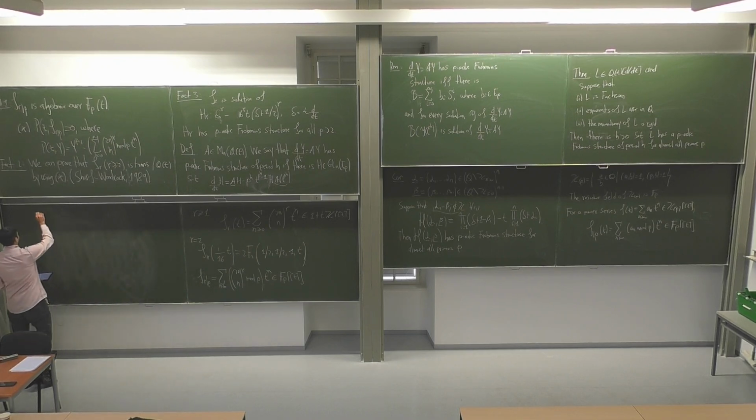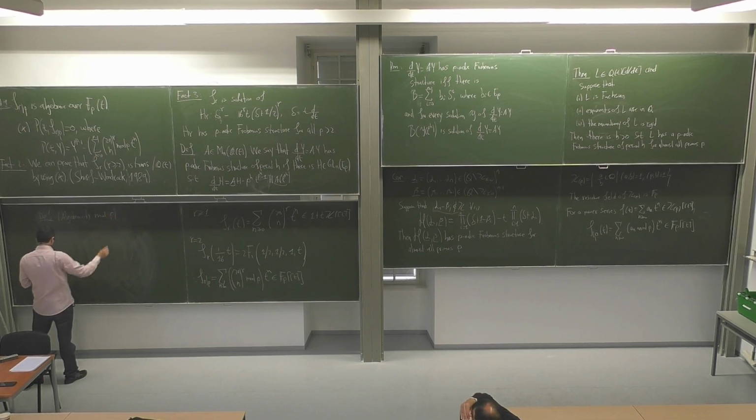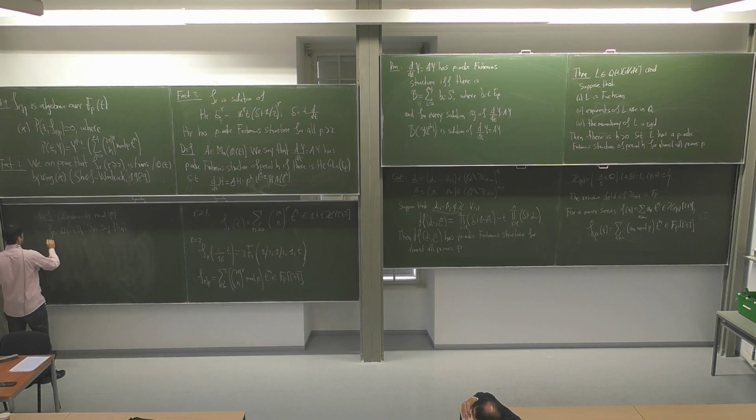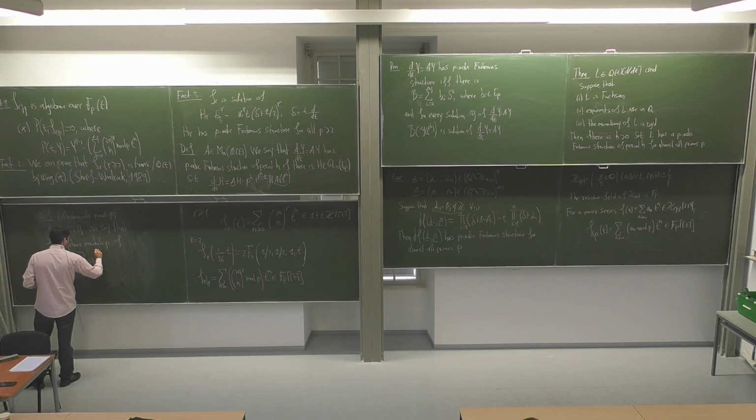So here is the definition of algebraicity modulo P. We take a power series with coefficients in Q. We say that F is algebraic modulo P if, first of all, we can reduce F modulo P. That means the coefficients of F belong to Z_(P).